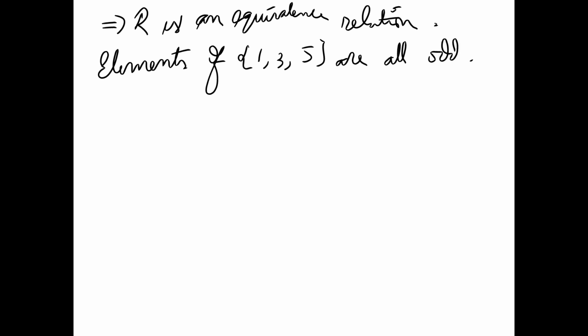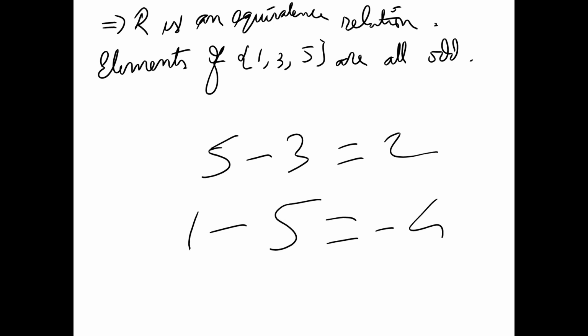For example, 5 minus 3 is 2, and 1 minus 5 is minus 4. The difference between any two odd numbers is even.